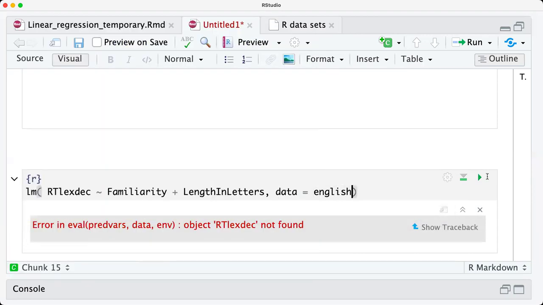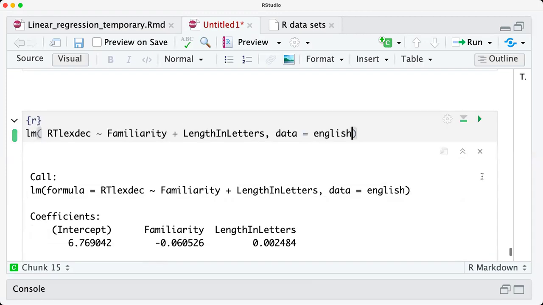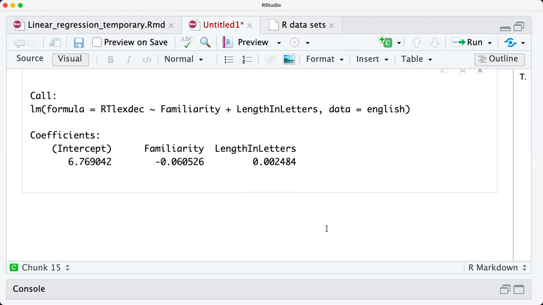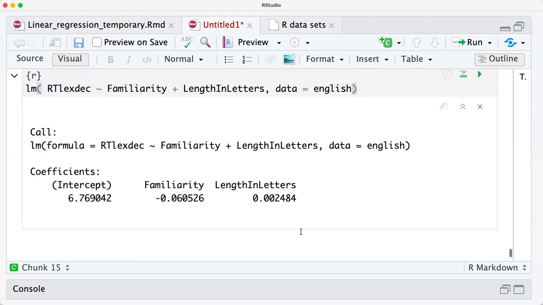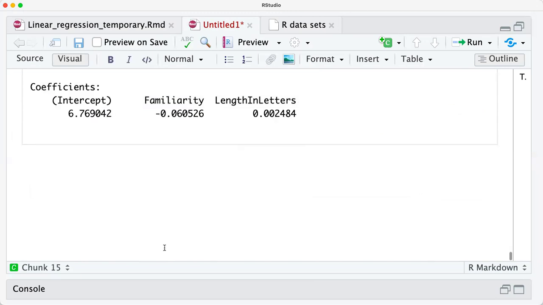So now the output of this model is simply that the lexical decision is equal to 6.8 minus 0.1 times familiarity plus 0.